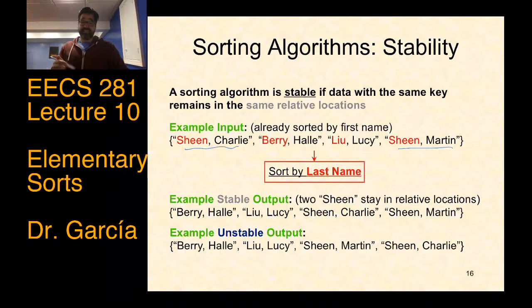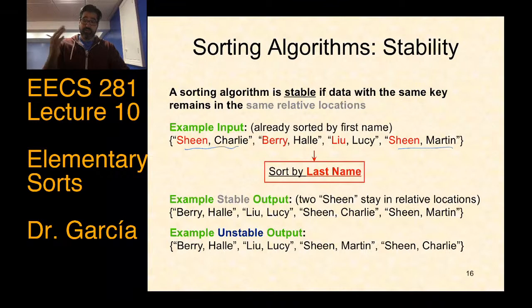With regards to the keys that I'm comparing, which is really just Sheen, those items are in fact considered equal as far as the sorting algorithm goes, because all we're looking at is the last name.